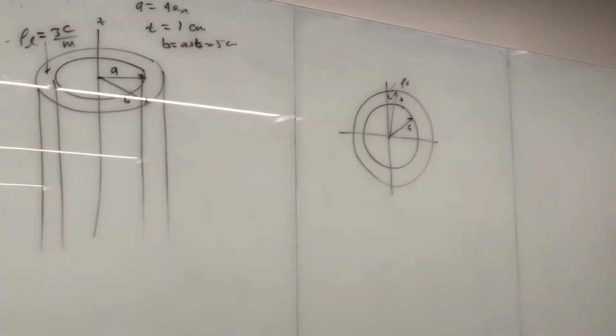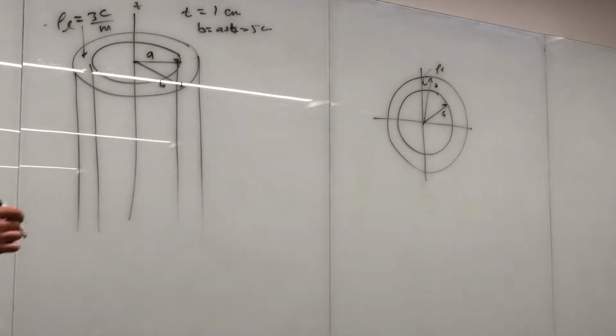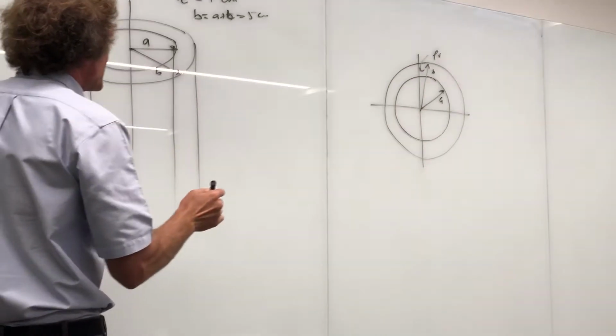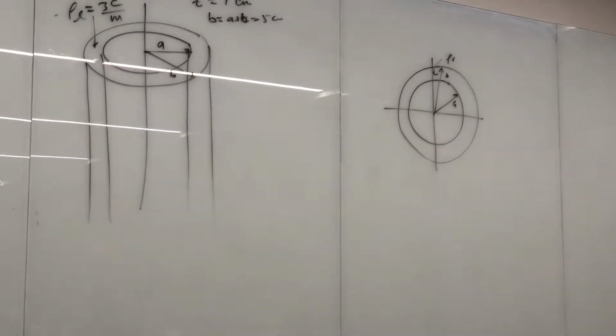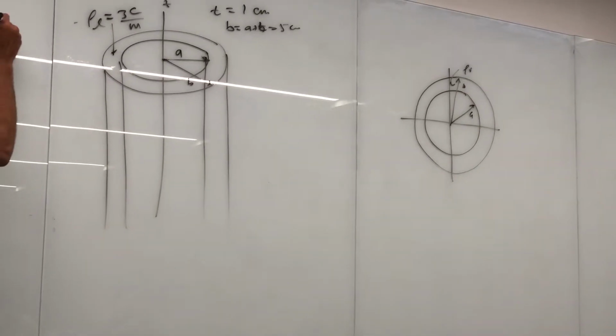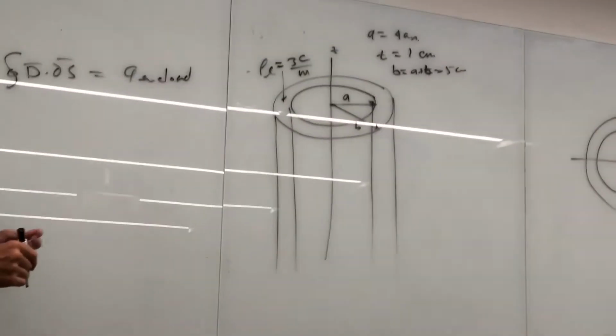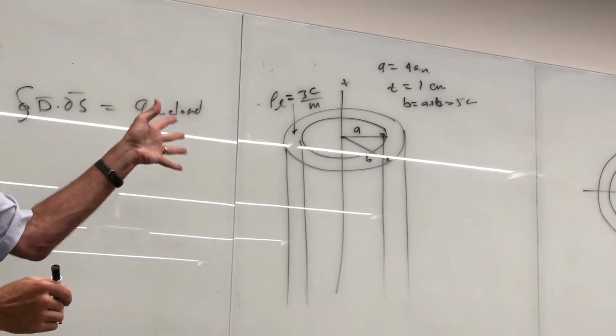When we do this problem, it's key to understand what's really going on. I know that if I take the integral of D dot dS over any closed surface, that's equal to the charge enclosed.